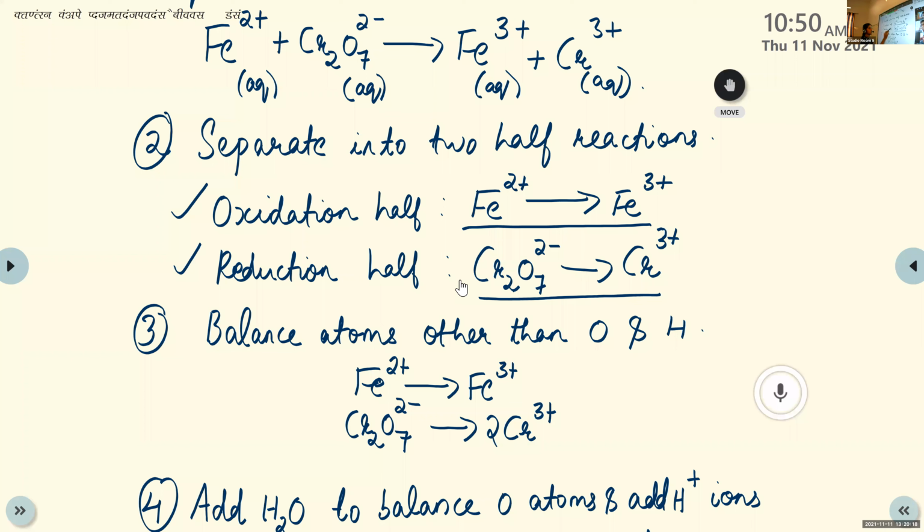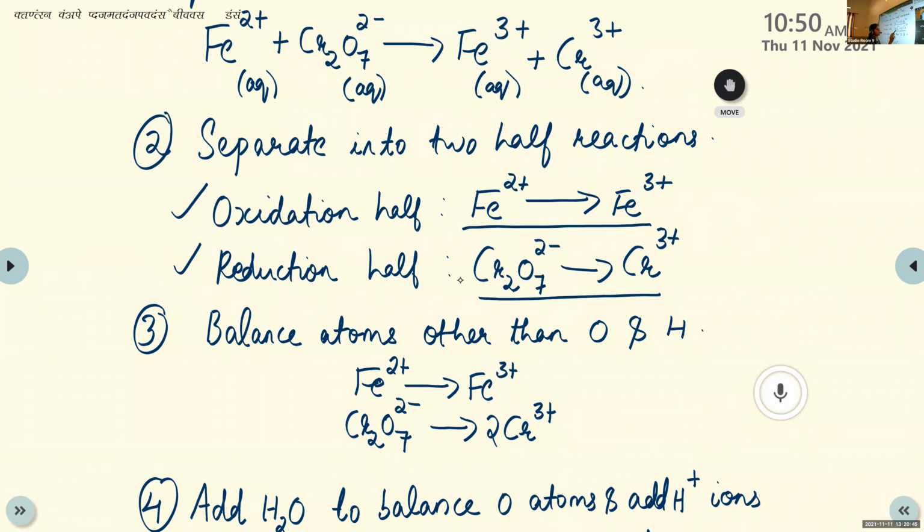You only need to look at the coefficient or the number that we have written as subscript. Don't look at the charges, it is different. Children, please be careful. The coefficient or the subscript should be the total number of atoms on both sides. No need to look at the charges. So here it is 1 Fe, in the product side also 1 Fe. So it's already balanced.